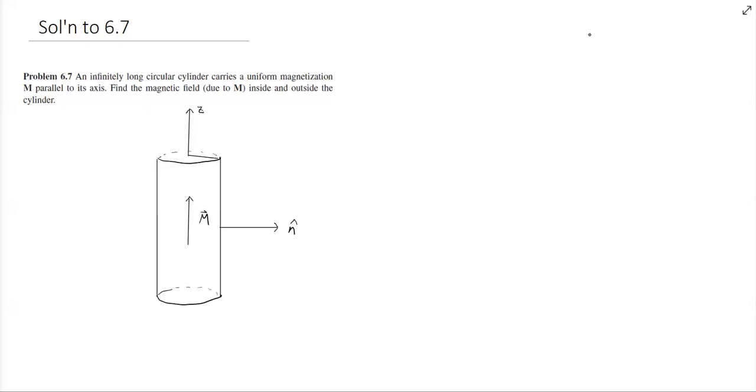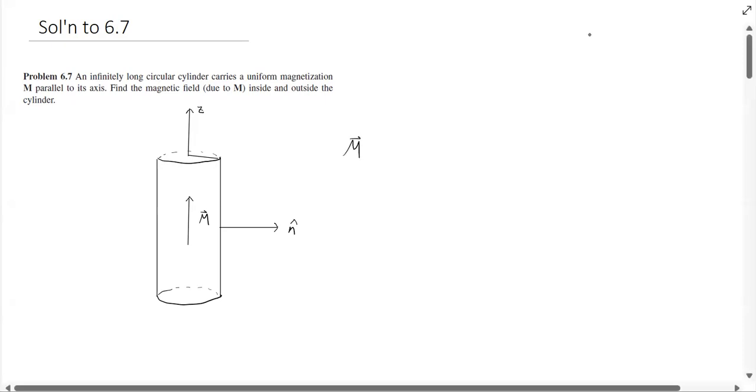One of the first things we can say about this problem is that since it carries a uniform magnetization M, we can say this M vector equals M z hat, because it is uniform.